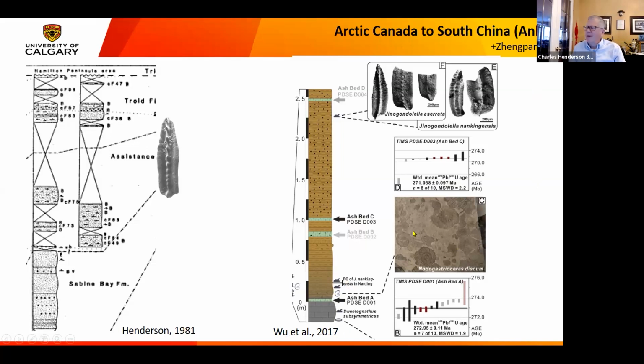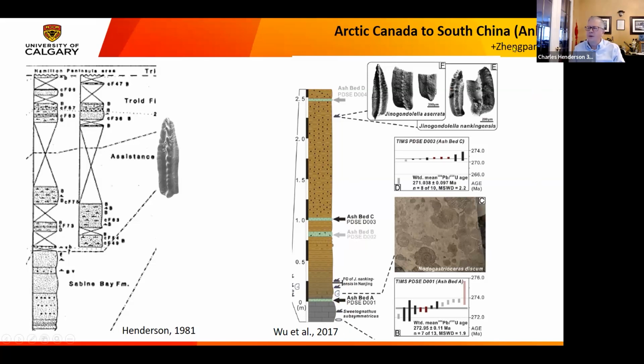This is the Pingding Shan section, and Shuzhong also pointed out the Zhongpan Shan section that's very close to Nanjing, and it's very comparable in its overall character, and ash beds are present at this section as well, and are virtually the same age.